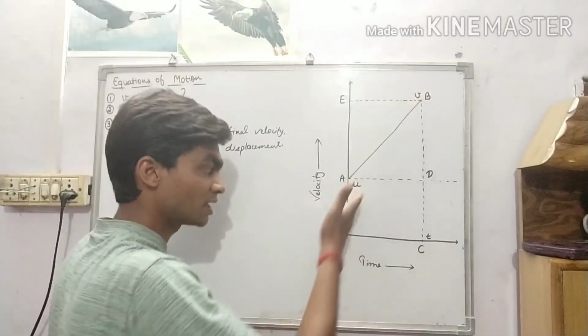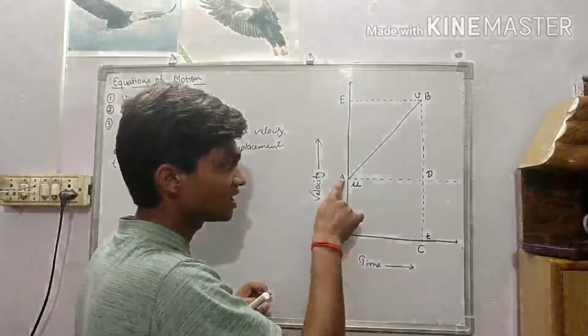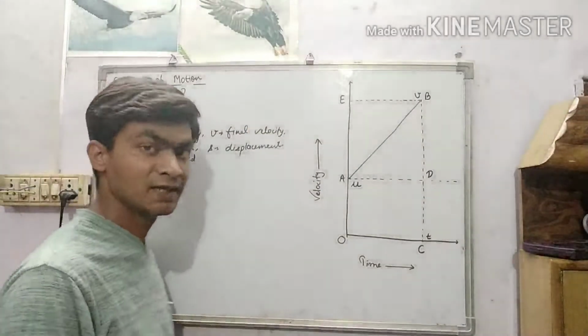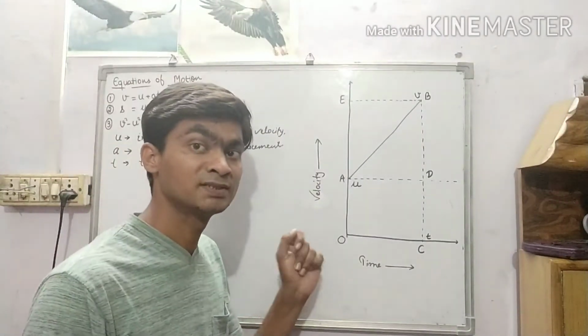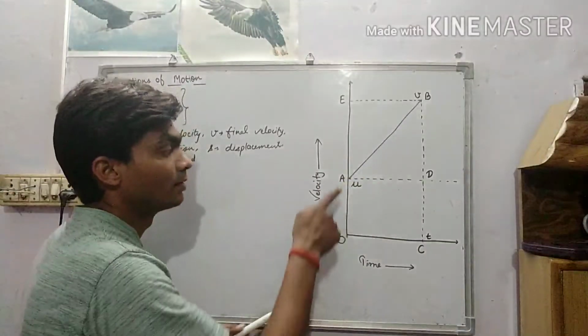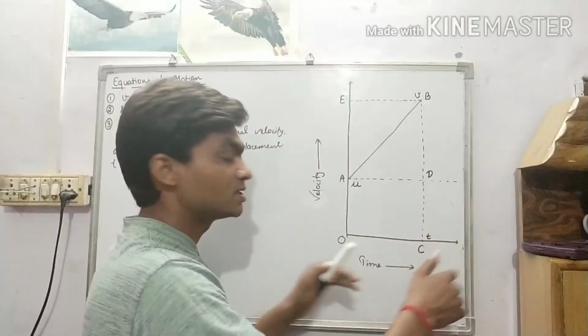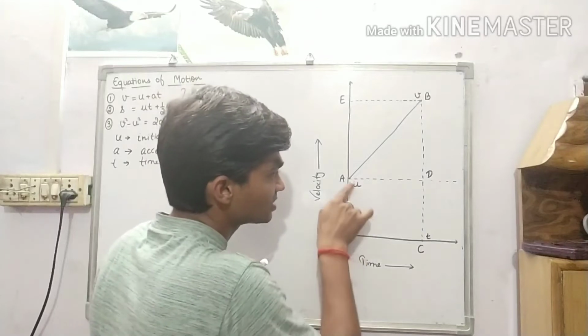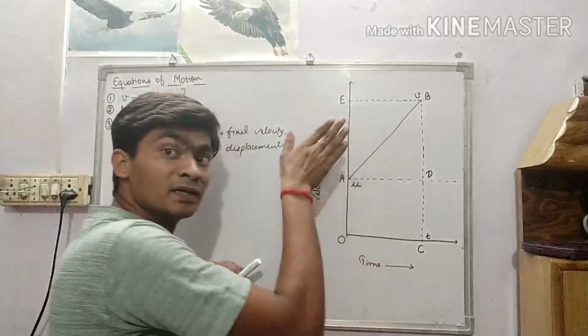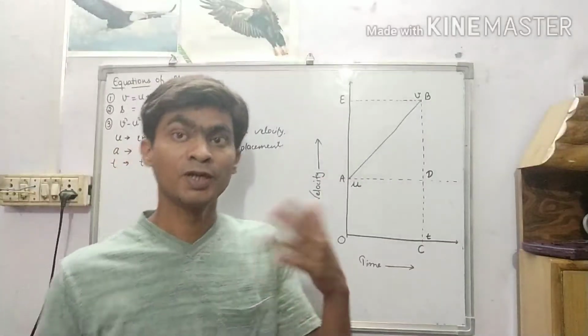Otherwise it would be starting from the origin. But since it is starting at some height on the y-axis, the velocity axis, the velocity is not zero. Then as the time starts to increase, the velocity is also increased in a proportionate manner.